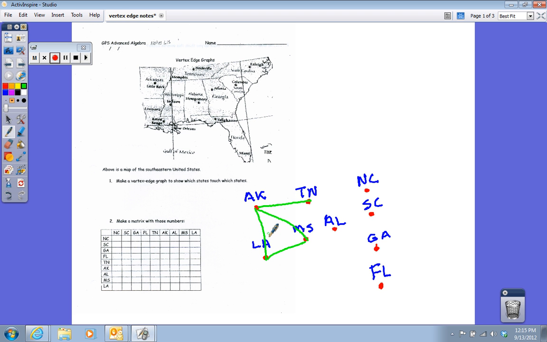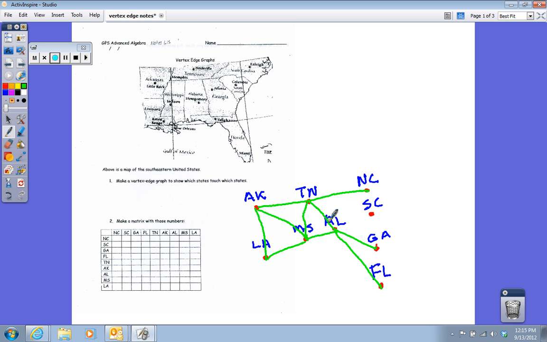Arkansas is already there. Moving on to Tennessee, we see that it shares a border with Mississippi, Alabama, North Carolina. Mississippi shares a border with Alabama. Of course, Alabama shares a border with Florida, Georgia.